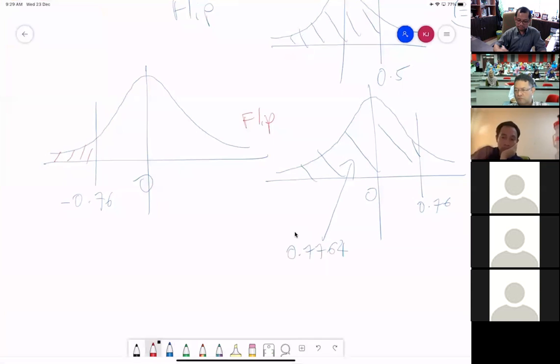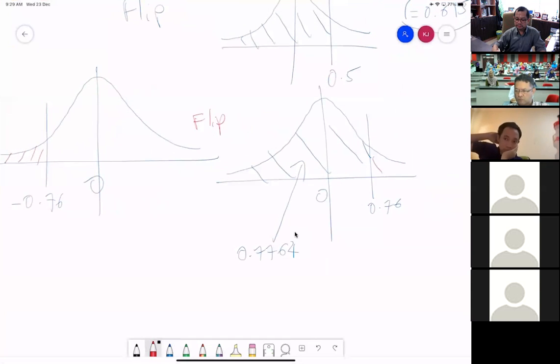So this area is equal to 1 minus 0.7764, equal to 0.2236.